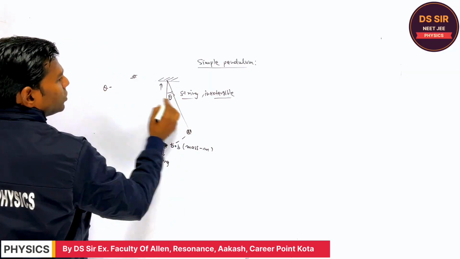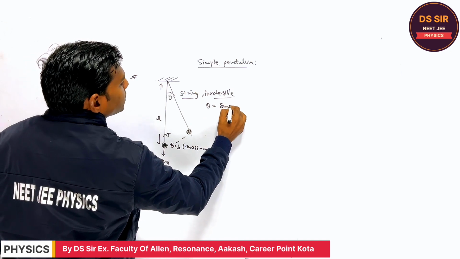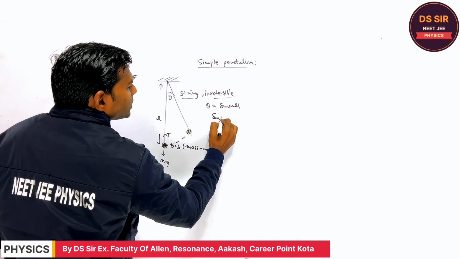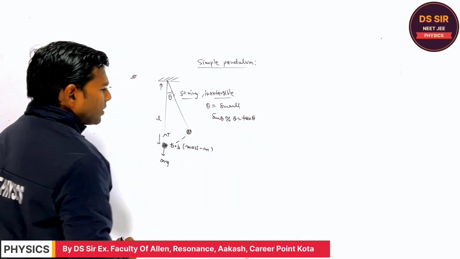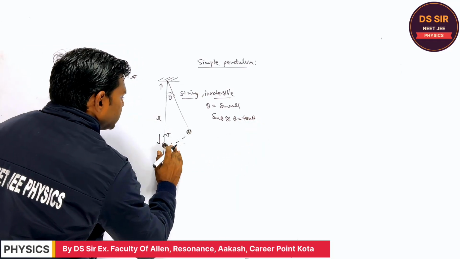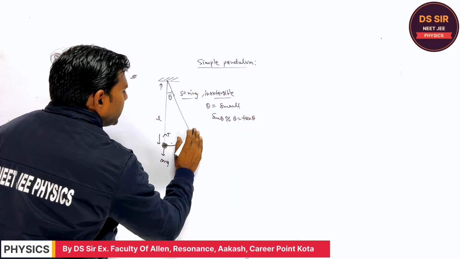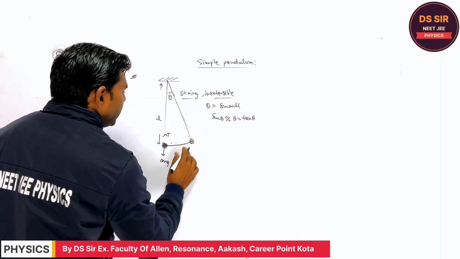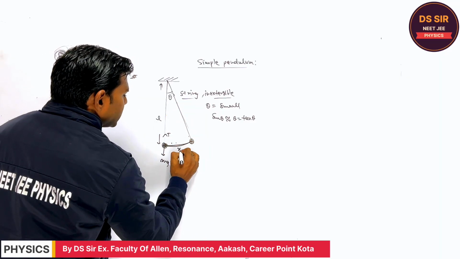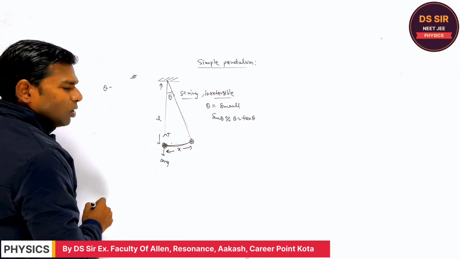Theta is small. You have to remember it is small. For small theta, sin theta is approximately theta, which is equal to tan theta. You must remember. Understood? So this is the bob of mass m, and you have given a small angular displacement. Suppose this distance x is also small.